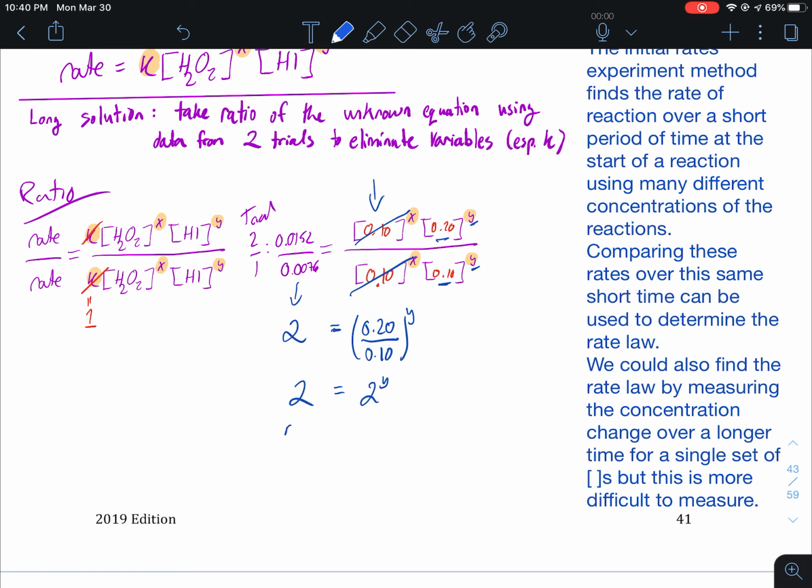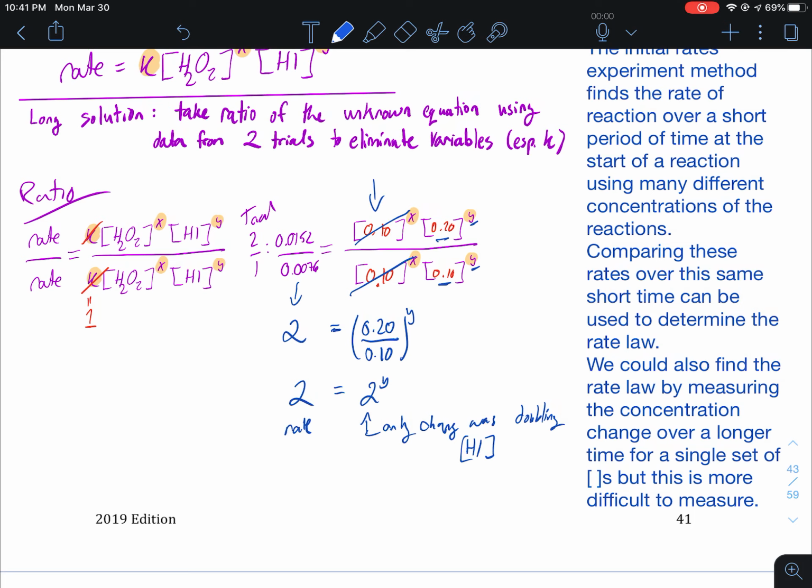So we have a rate ratio of 2, but the only change was doubling, and that was HI.